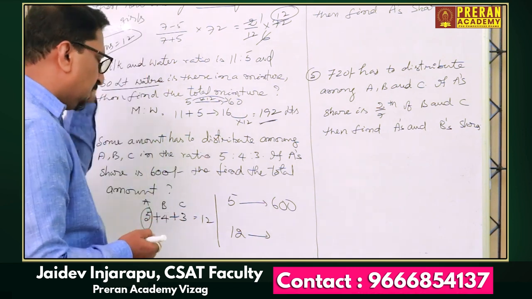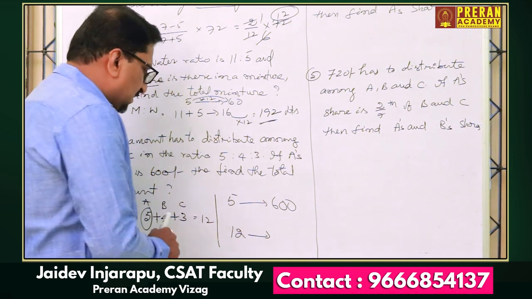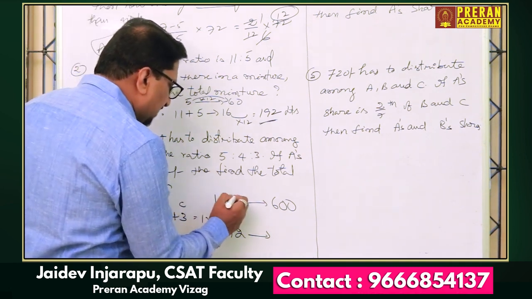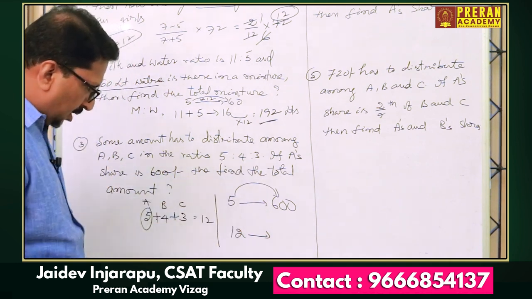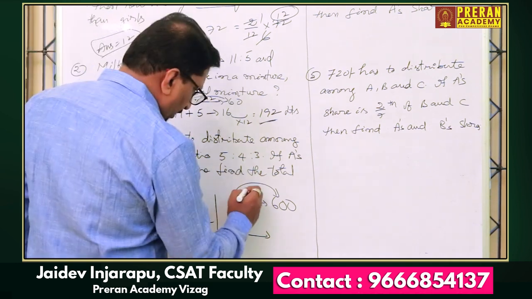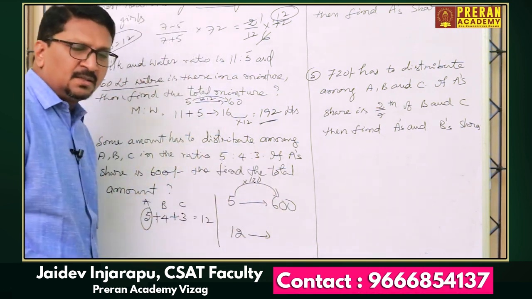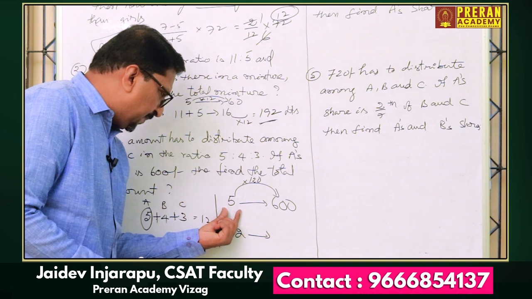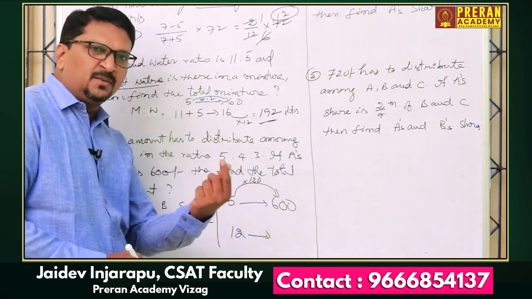Then what would be the total amount? If you want to get 600 from 5 parts, how much we have to multiply? 12 5s are 60, so for 5 parts it is 600, each part is 120.